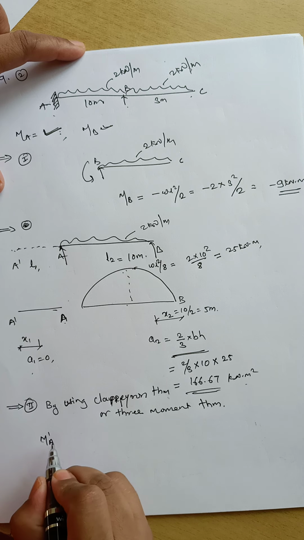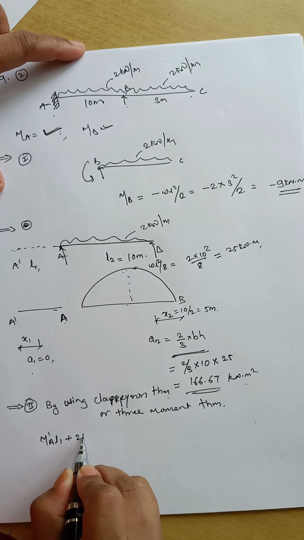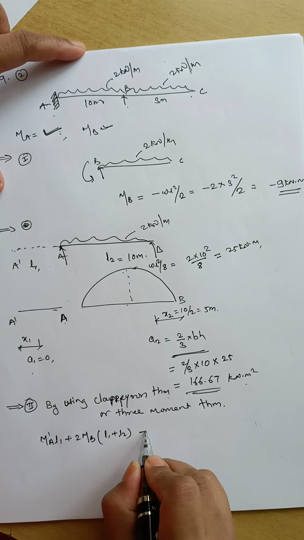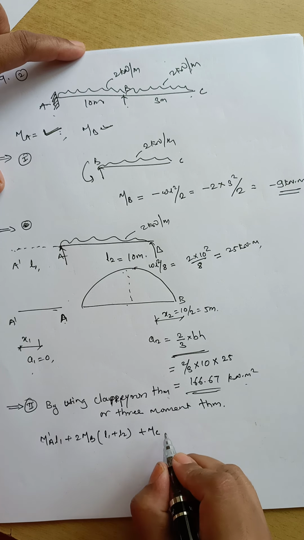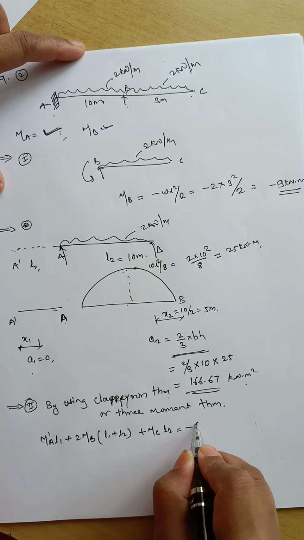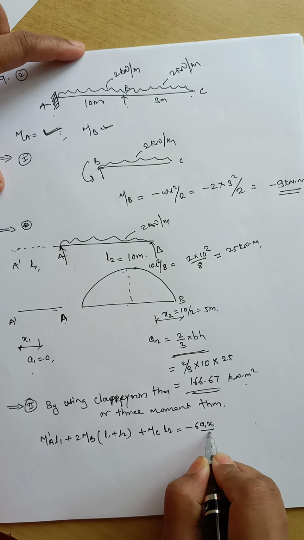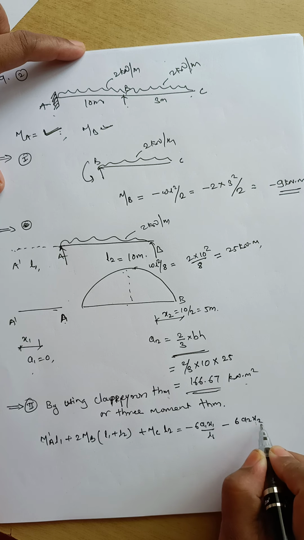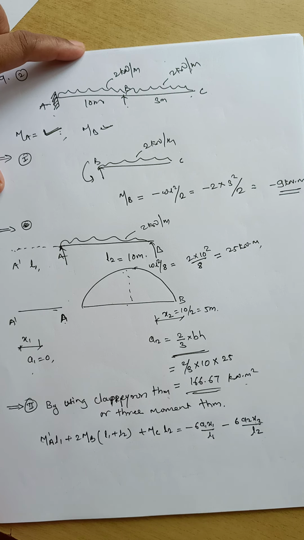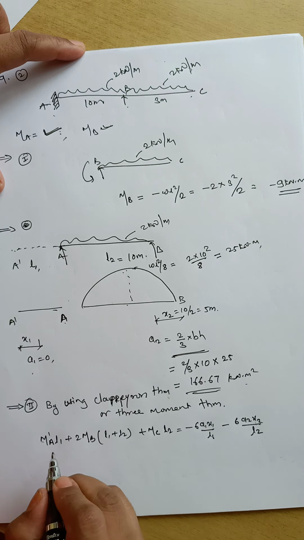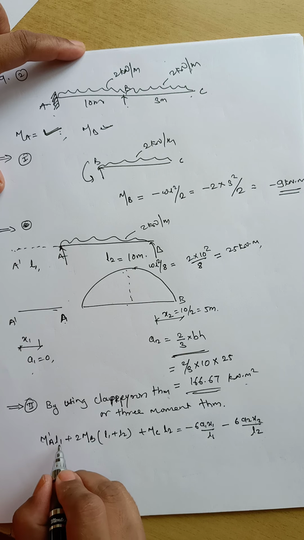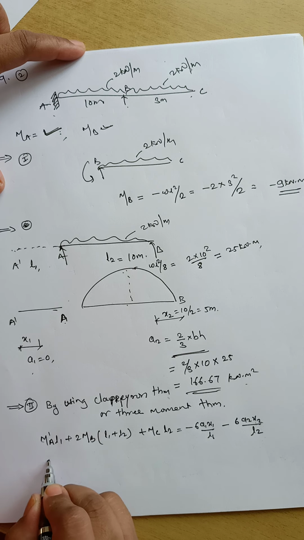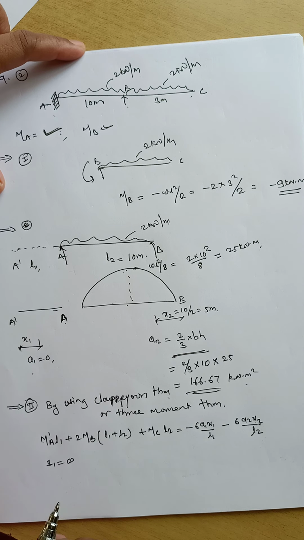Now, MA dash L1 plus twice MB times L1 plus L2 plus MC L2 is equal to minus 6 A1 X1 divided by L1 minus 6 A2 X2 divided by L2. Here, don't directly write L1 is equal to 0. First of all, you should know that I1 is infinity.